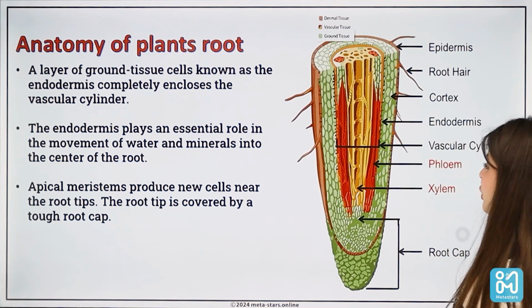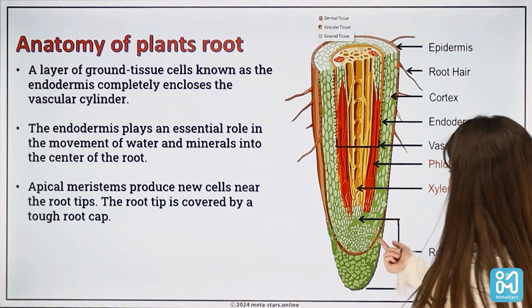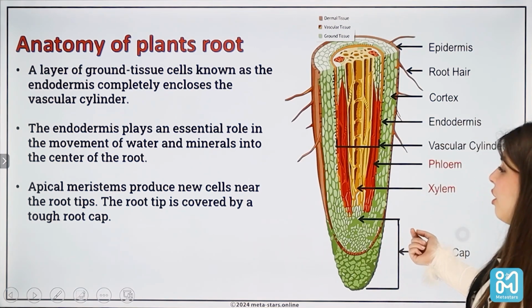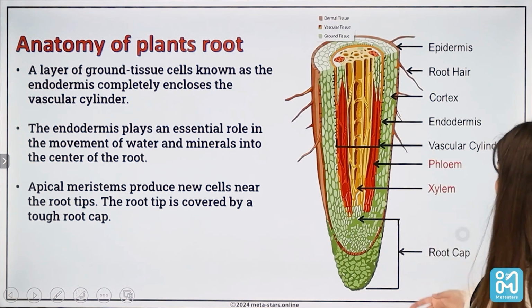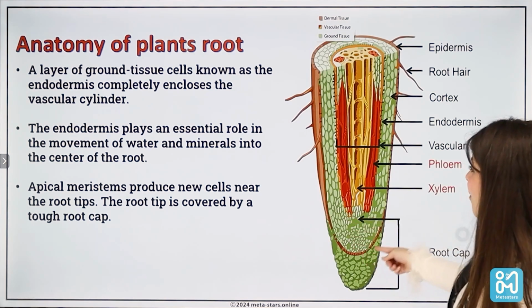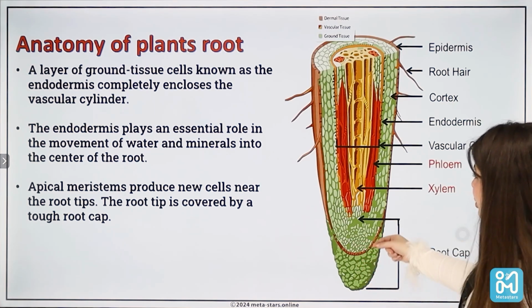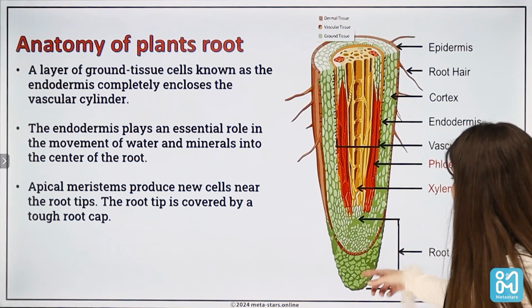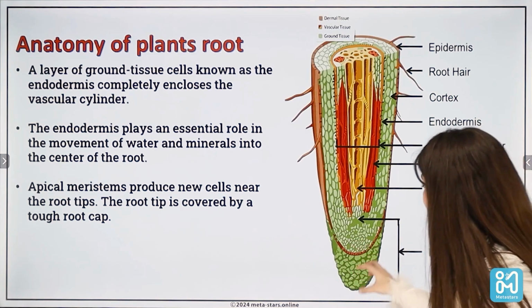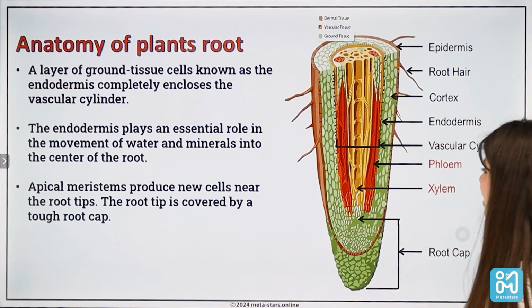Apical meristems produce new cells near the root tips, and it's covered by a tough root cap. So the production of new cells happens in the apical meristem.